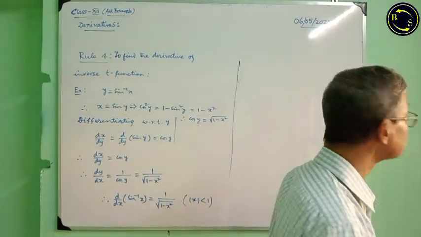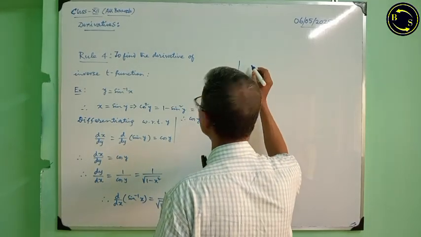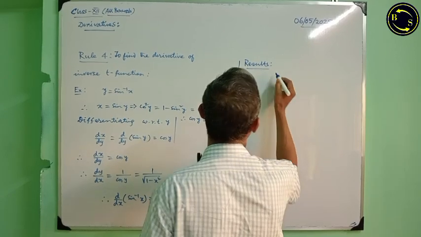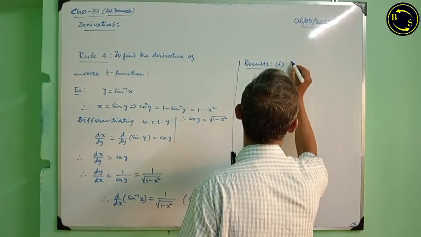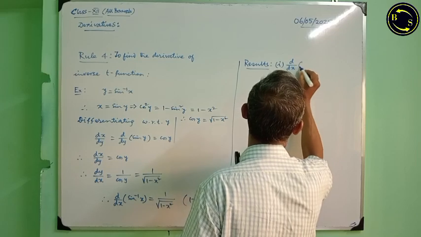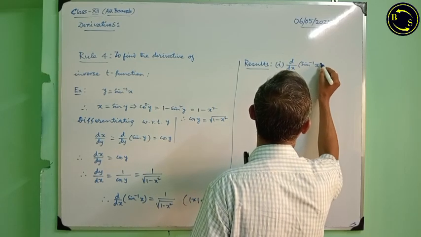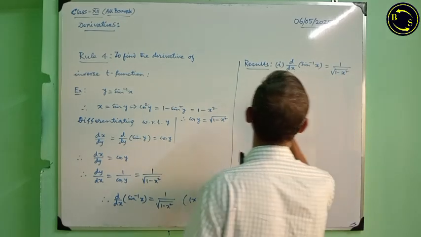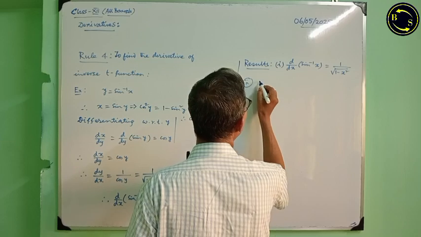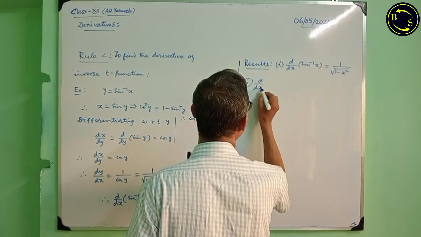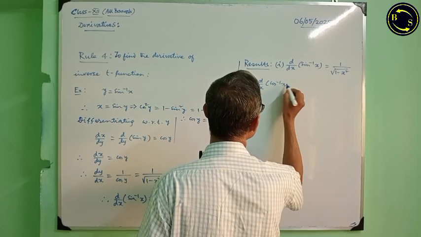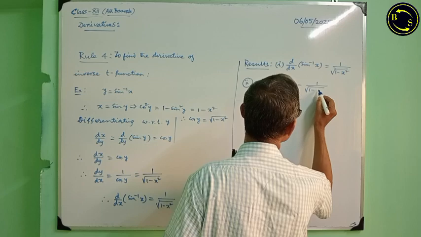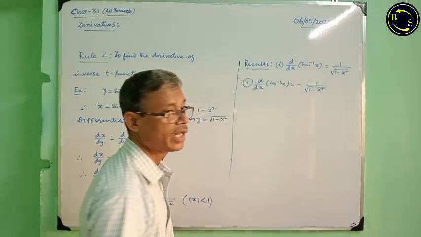I am writing down the results. d/dx of cos inverse x, that will be minus 1 by root over 1 minus x square.